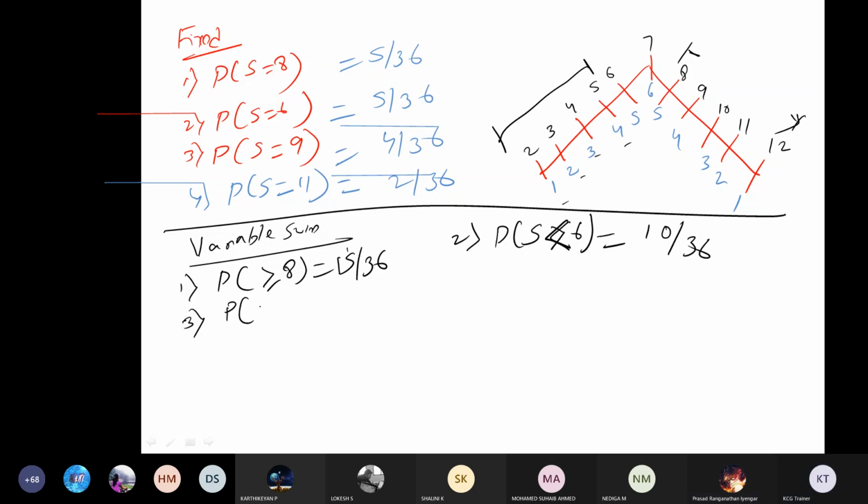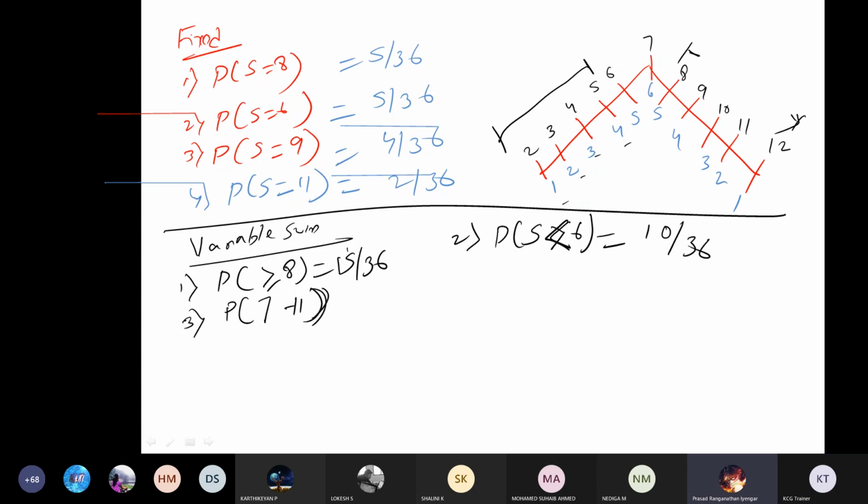Okay, sir. Sum should be greater than 7 but less than 11. What does it mean? Which sums do you have to consider? Greater than 7 and less than 11.